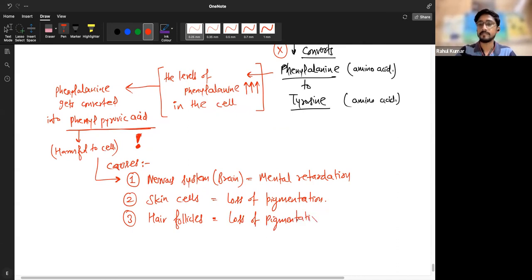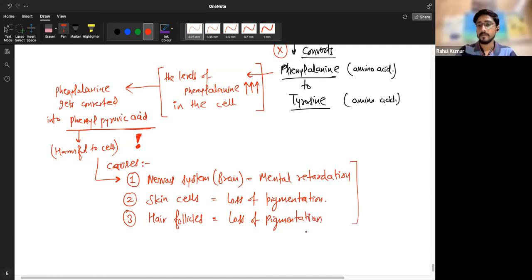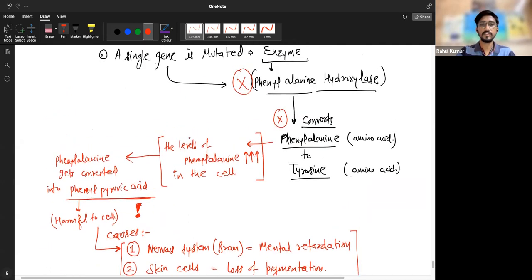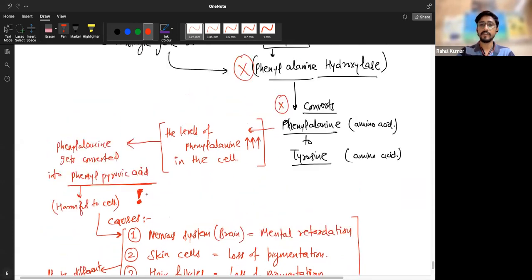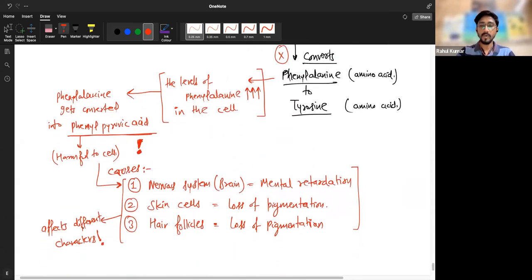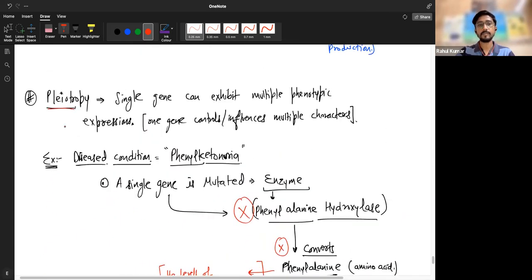Do you understand? Yes. So what do we learn from this? That there are various different effects. So this affects different characters. But in this disease, there was mutation in just one single gene. So this red pathway shows the defect. So this one gene affects multiple characters, then it is an example of pleiotropy.